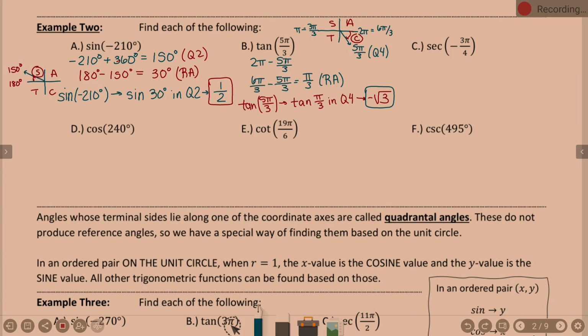That means in radians, what am I going to be adding? I'm going to be adding 2 pi, which is 8 pi over 4. So negative 3 pi over 4 plus 8 pi over 4 is going to tell me 5 pi over 4.